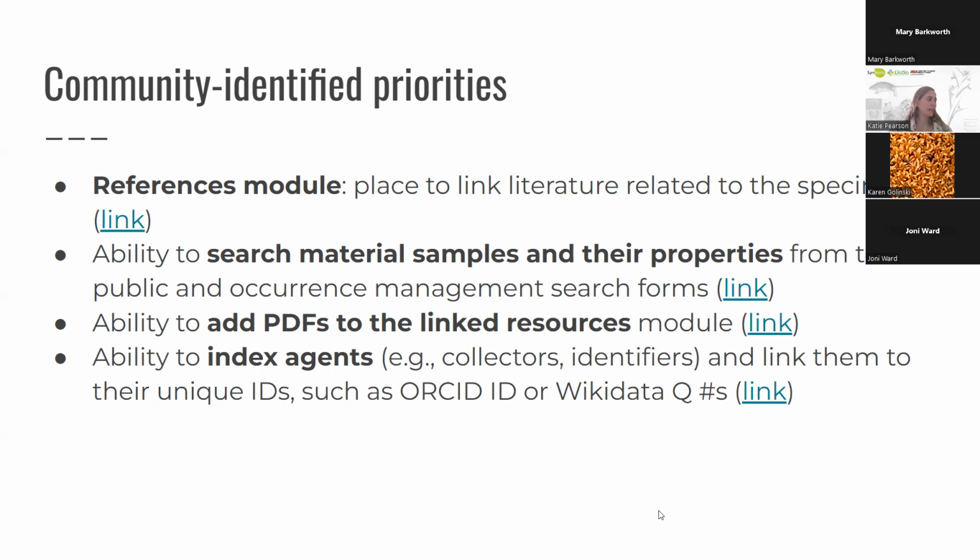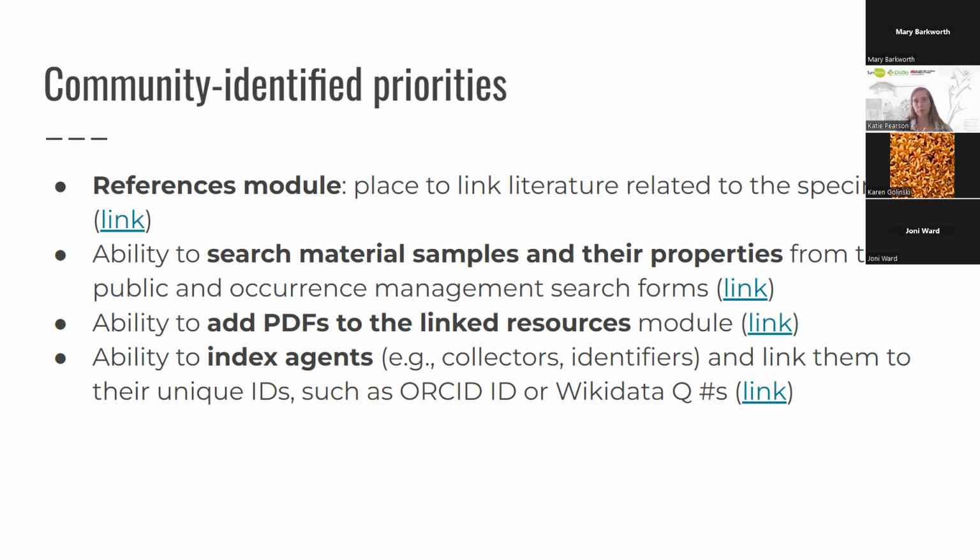The ability to index agents, and by agent, I mean a person who is doing something relating to a specimen. So that might be a preparator, a collector, or an identifier. So being able to link unique identifiers relating to those people to their names.